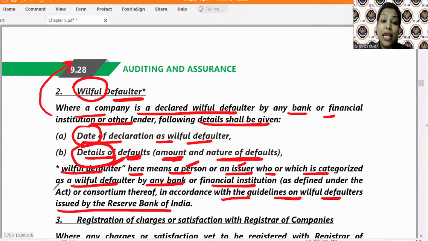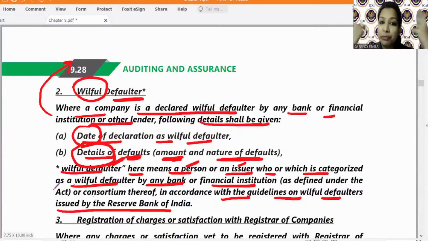This information is going to impact the public image of the company: look, this company is taking funds from the bank and is not repaying them intentionally. So there is now a responsibility on the company itself, by the amended Schedule 3, to disclose as additional regulatory information if it has been declared a willful defaulter by a bank or financial institution.